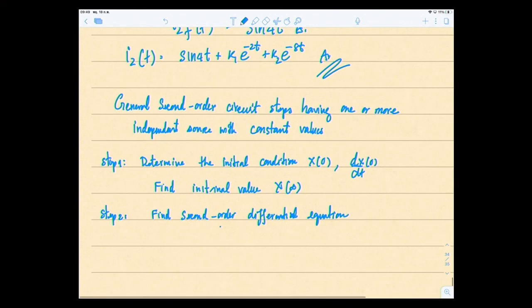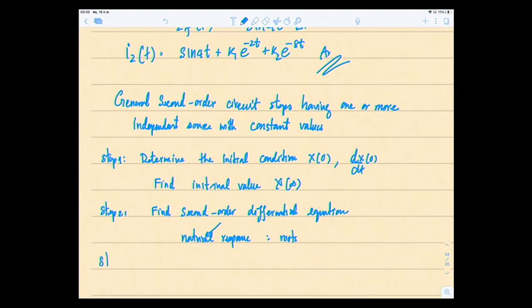Then from this one you have to find the natural response. You find the roots. You set f of t equal to 0, find the roots.